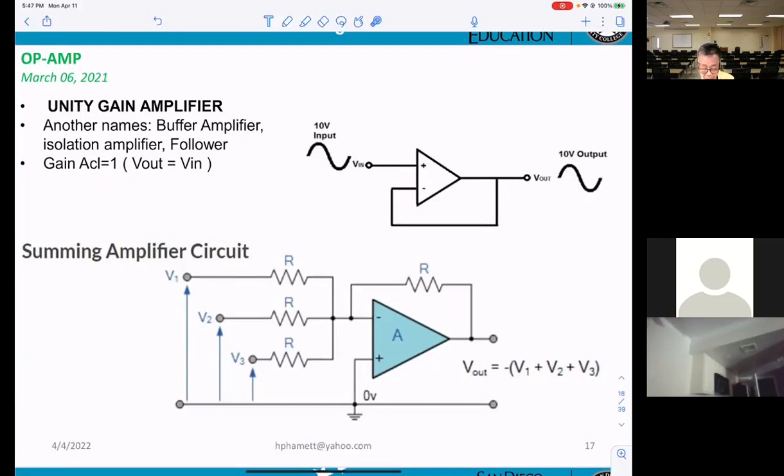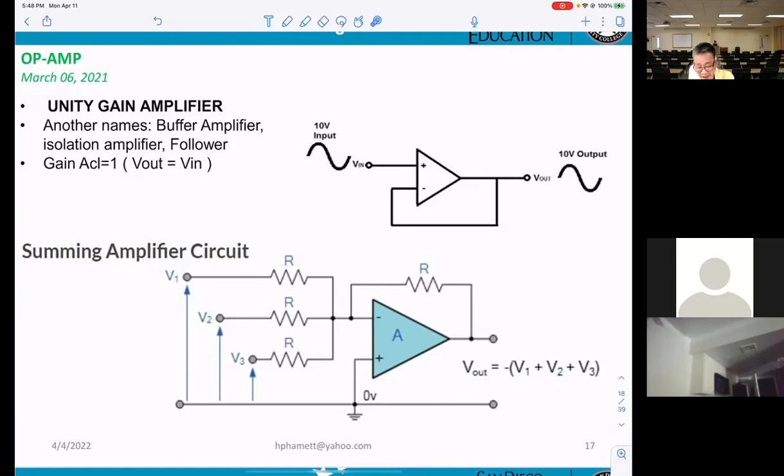That only tells you the input and output will be the same. However, make sure you know it has different names. It can be a buffer amplifier, an isolation amplifier, or it can be called a follower. Buffer amplifier means the input and output will be the same.